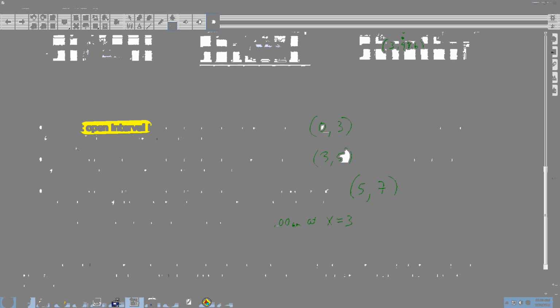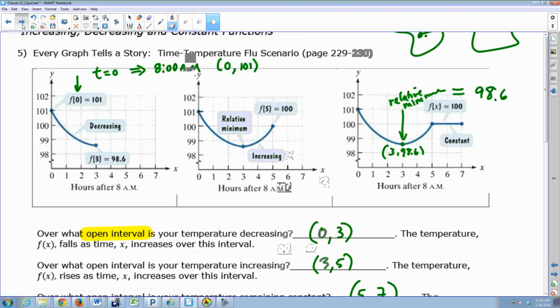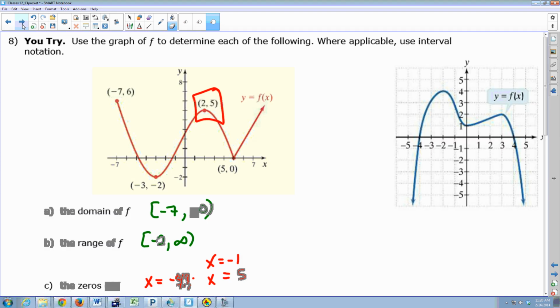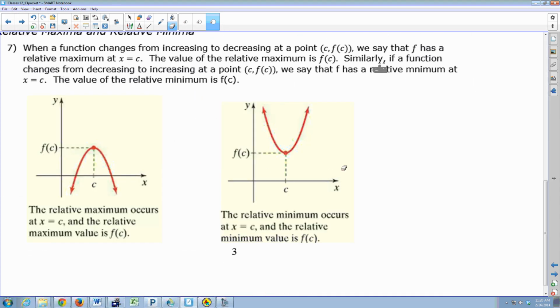So in order for you to be a relative maximum, you have to be the point. This was on your paper, I thought. I can't find it. Oh, here it is. I guess I skipped this. I'm sorry, I missed it.